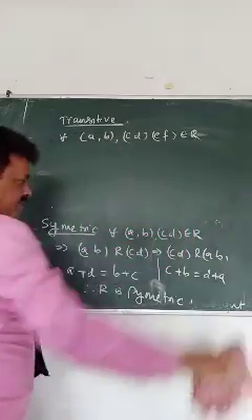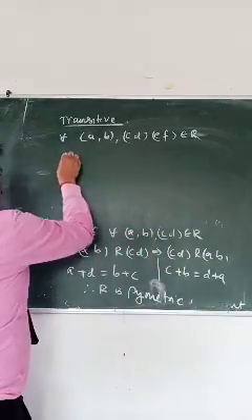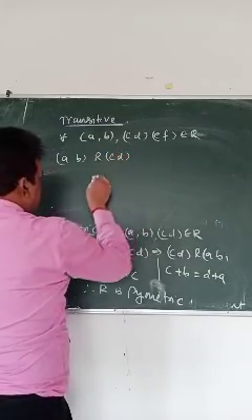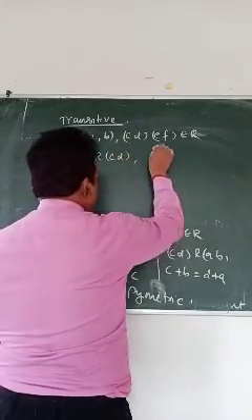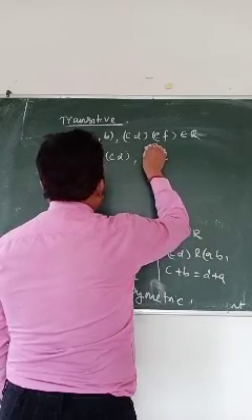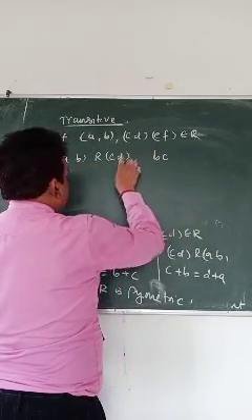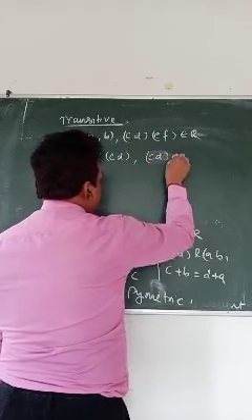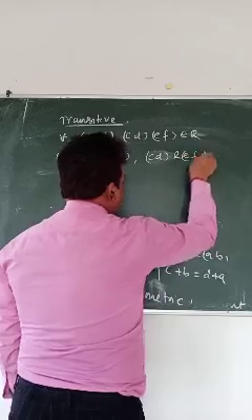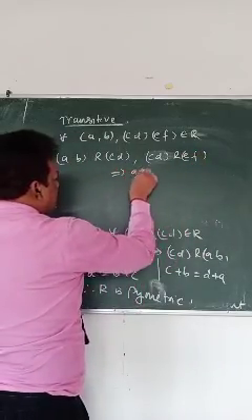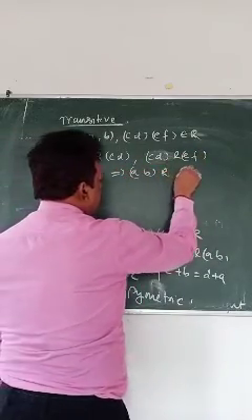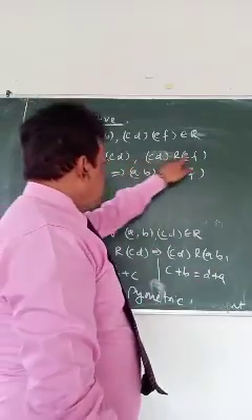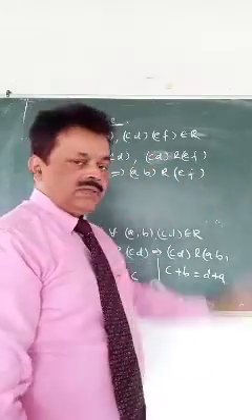Definition is same, that AB relates CD, CD relates EF implies AB relates EF. This is what you have to prove. You have to consider these two. From here you will get your conclusion.